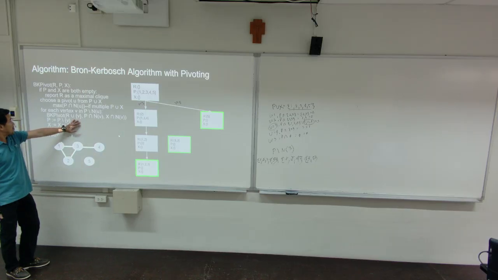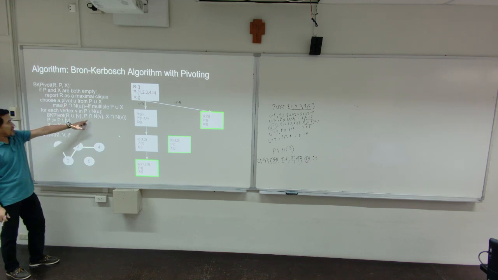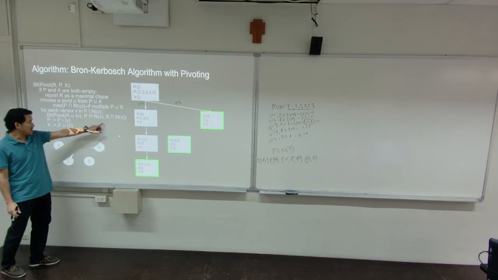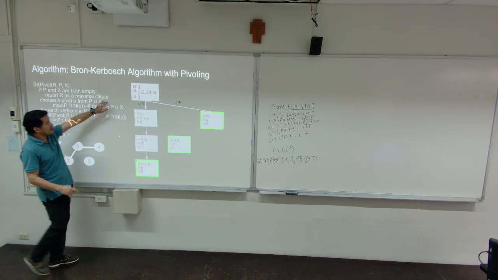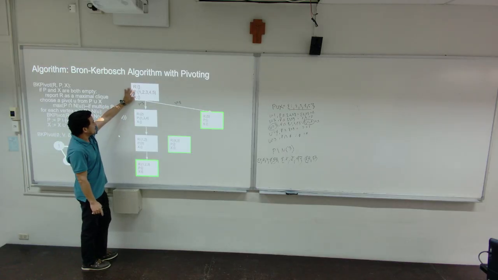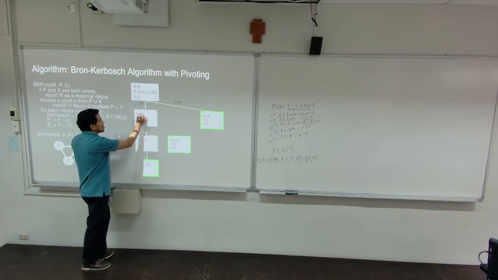In this case, what's the value of R, P, and X? The value of R is the value of B, which is 3, combined with R. Since the value of R is null, and the value of B is 3, so this is 3. Let me just correct the slide.